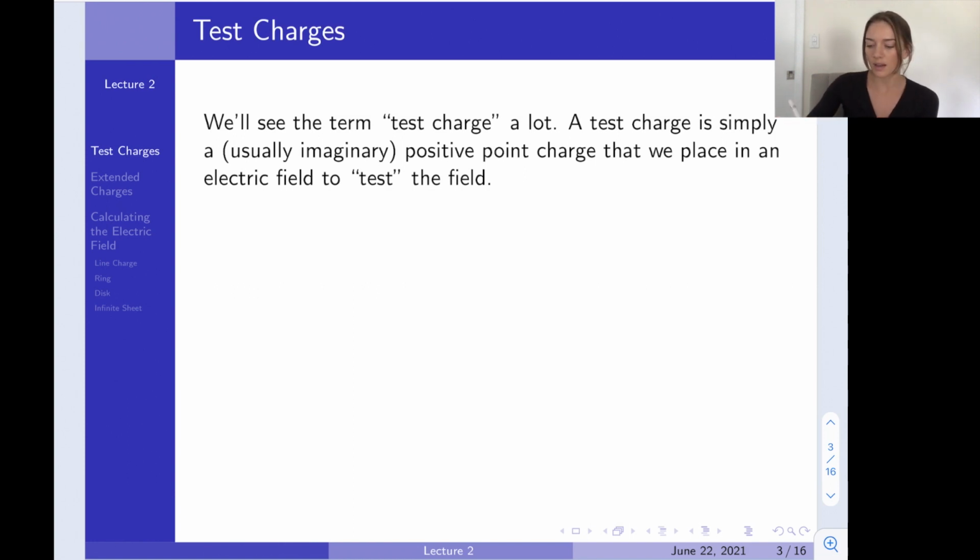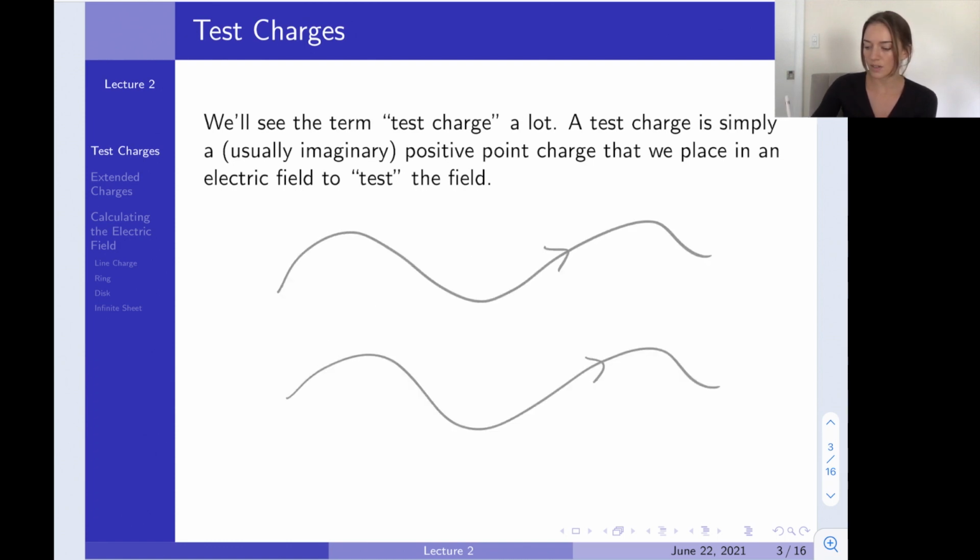So remember the electric field line, let's say we have some kind of weird charge distribution that has electric field lines like that. And our electric field lines are kind of wavy. If we put a positive point charge right here, it would follow this electric field line that you put it on.